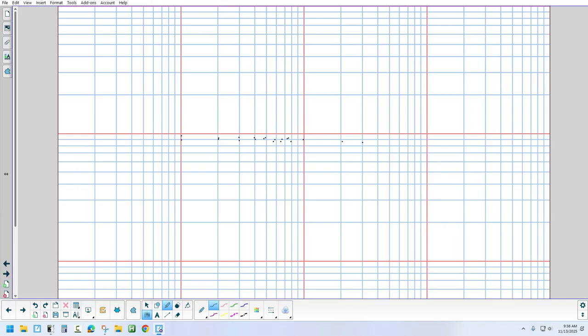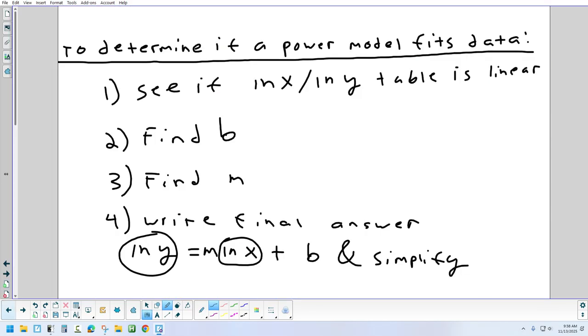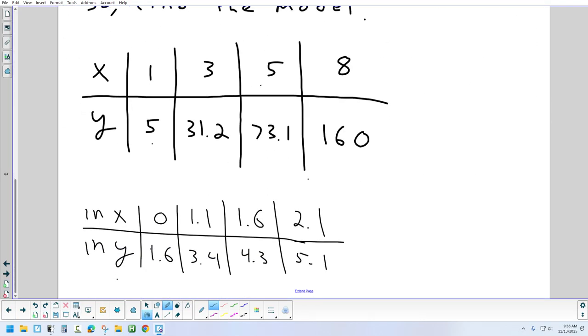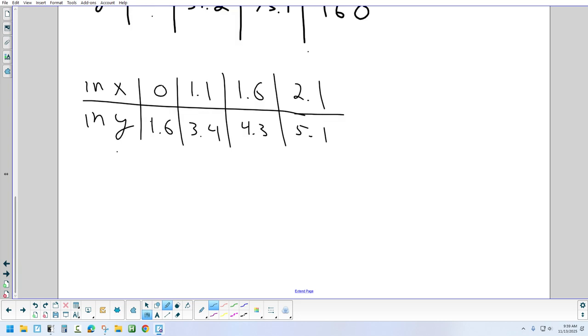And then 20, 30, and so on up to 100. The spacing kind of changes. It's kind of weird spacing. So we generally don't use it a lot. And it's going to be easier to just take the natural log of every number in the table. Then we can use regular graph paper.